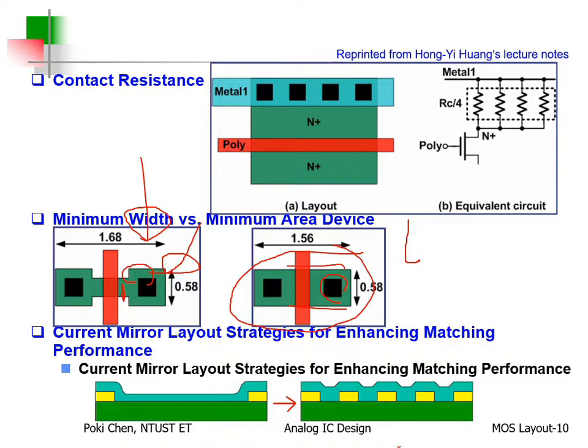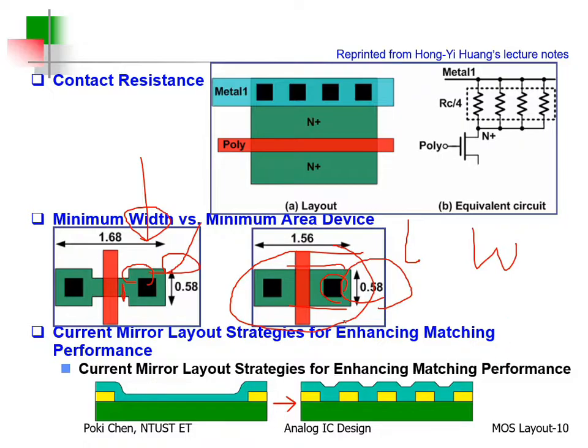The top or the bottom layer needs to be larger than the contact or the via itself, right? So with such kind of extension, you will see that is the minimum requirement, all right? So in brief, L could be the minimum, but W, never.